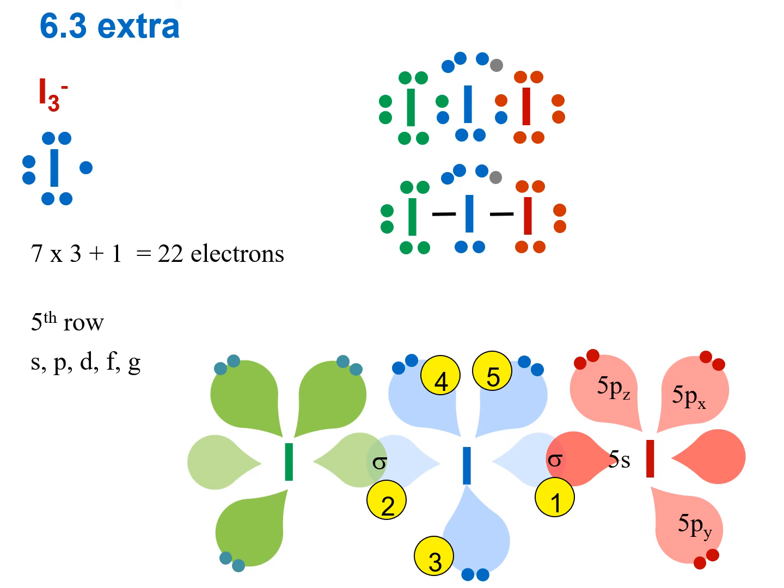So we know that we have the potential to draw from an s, p, d, f, and g. So we can pretty much guess that one of these orbitals is going to be the s orbital. We're probably going to recruit all 3 p's. So we've got 3 p's and 1 s. That gives us 4. We only need 1 more at this point, so we're going to recruit a d.